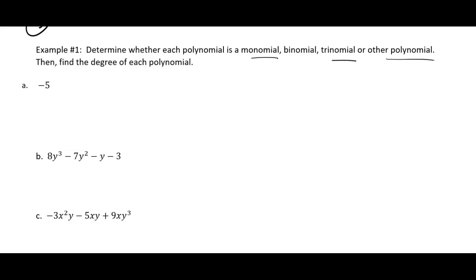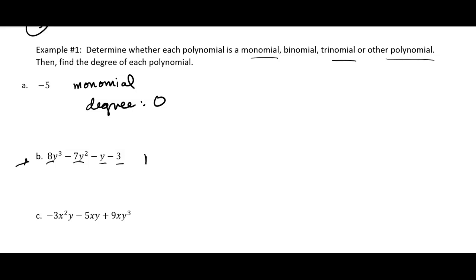Okay, so you've got a negative 5 on A. That means it's a monomial. It's only got one term, and the degree is 0. All right, so the next one, B. Well, how many terms do I have? 1, 2, 3, 4 terms. So it's not a monomial, binomial, trinomial.